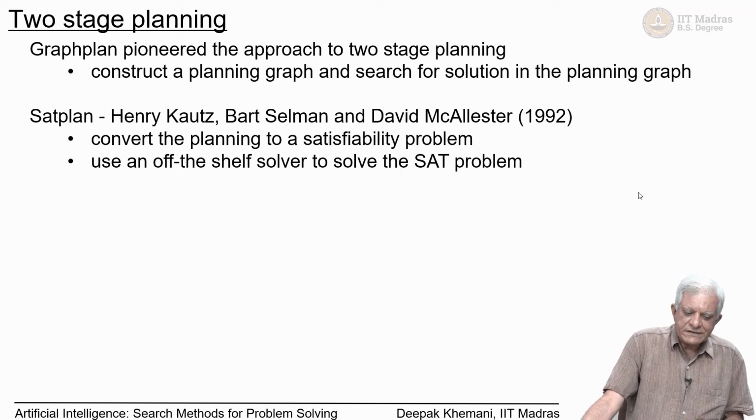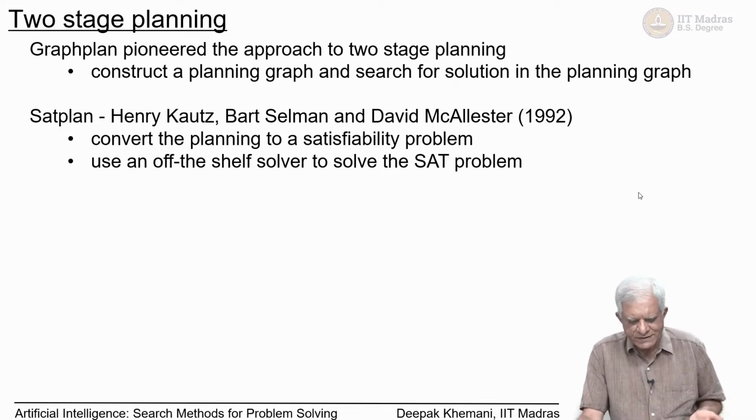Another planner that came around that time, and you can see that this was in fact presented even before Graphplan, is SATPlan by Kautz and Selman and McAllester. What they say is convert the planning problem to a satisfiability problem and use an off the shelf solver to solve the SAT problem.